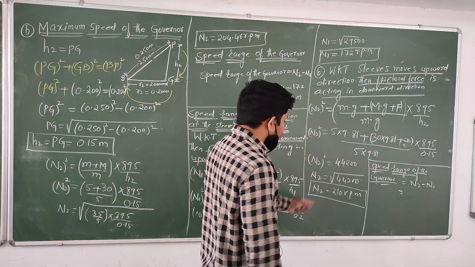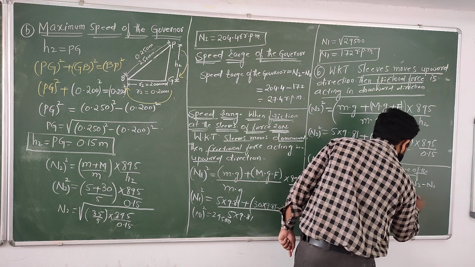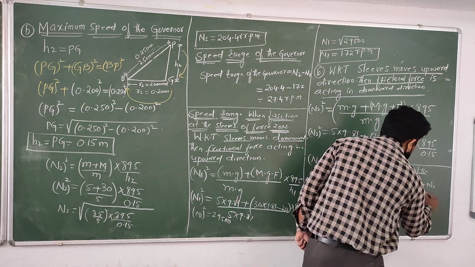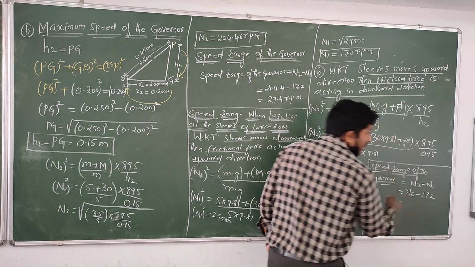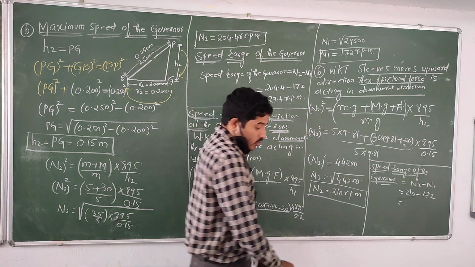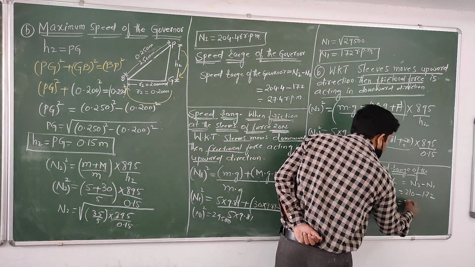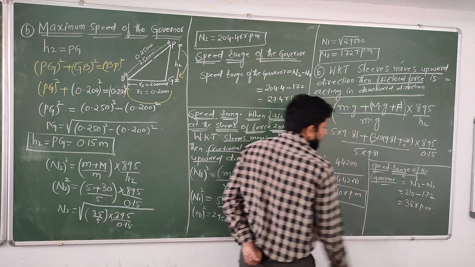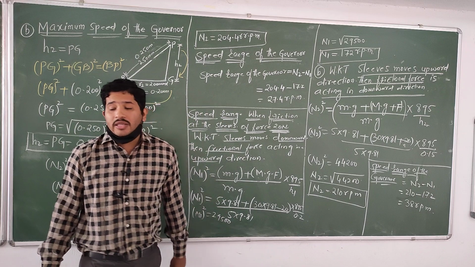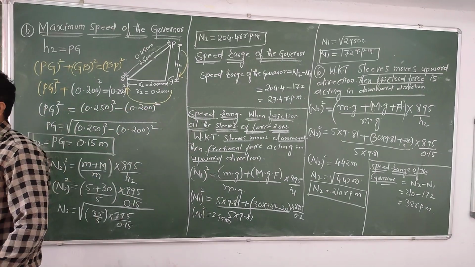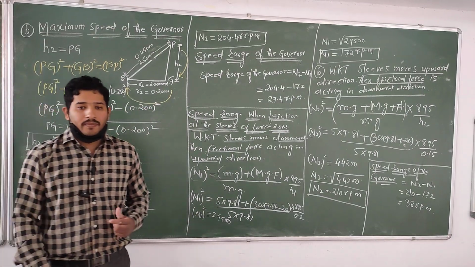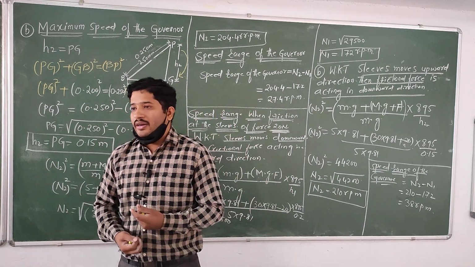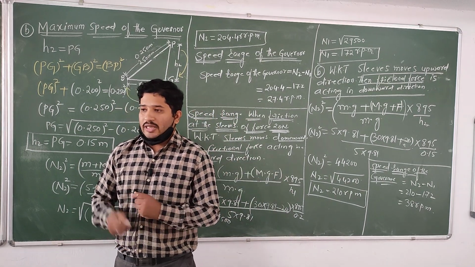N2 how much we got it here? 210 minus N1, how much we got it here? 172. If you subtract this value, then you will get the answer is 38 RPM. That is the value of speed range of the governor. How much we got it here? 38 RPM.